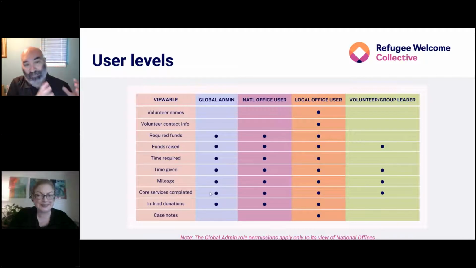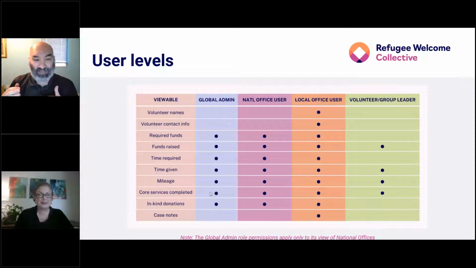We also limited the amount of information that the national office sees. So if you are an affiliate office of CWS, for example, CWS will have access to information about your office, but it's limited. They can see the required funds, the funds raised, the time required, the time given, the mileage, those basic core information, but they don't have access to the case notes. They don't have access to your actual volunteer names and volunteer information.